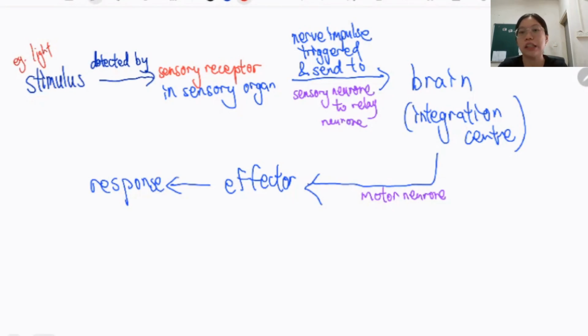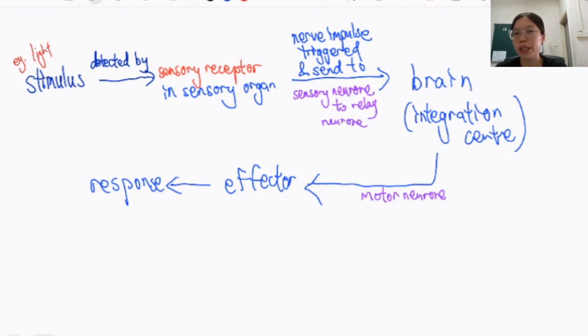Where is your sensory organ? In your eyes. This is just an example. After you detect this stimulus, a nerve impulse will be triggered and sent to the brain.